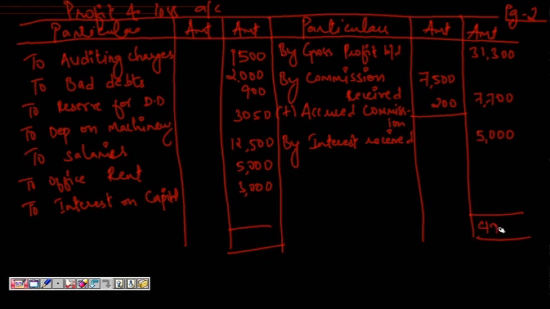So write the same total on both sides, debit side as well as credit side, 44,000. Now add all your debit expenses. That is coming up to 24,950. So subtract 24,950 from 44,000 and check how much it is coming.